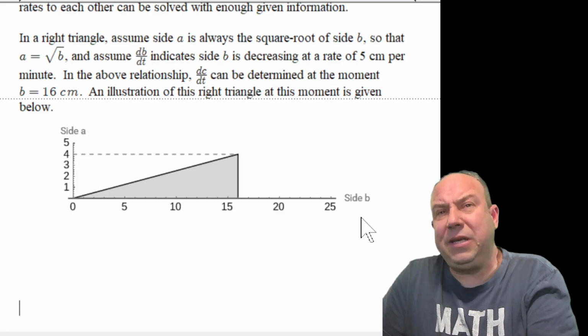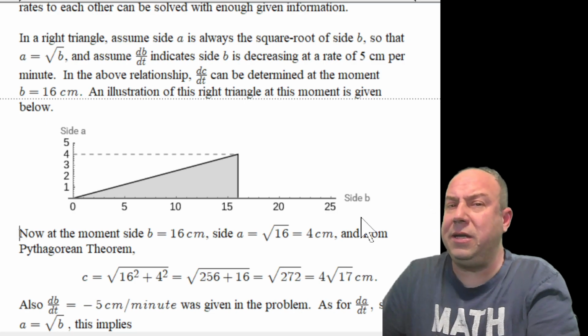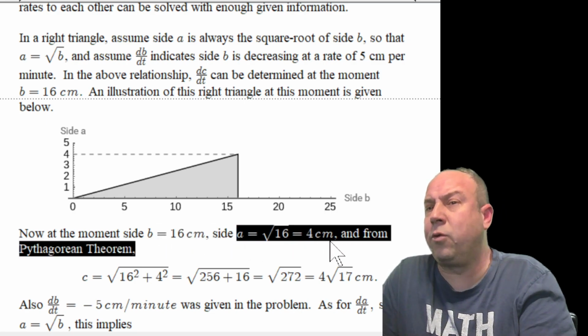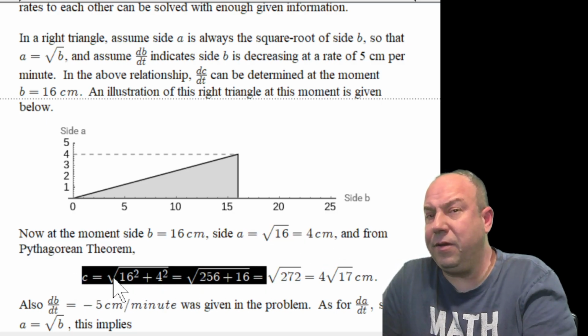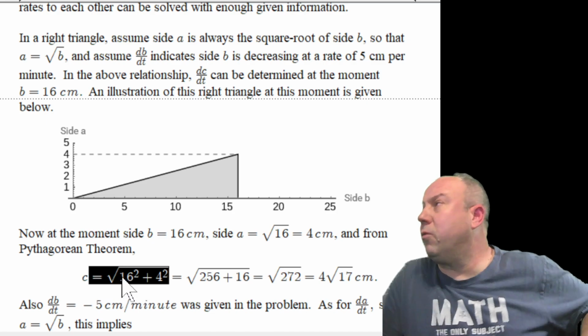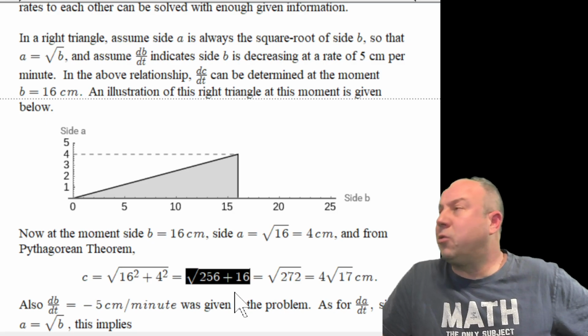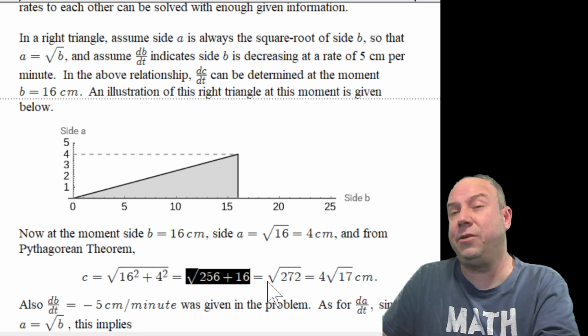Now, it does begin by noting, right? At the moment, side B is 16 centimeters. Side A is equivalent to 4 centimeters. And side C itself would be equal to the square root of 16 squared plus 4 squared. It would be the square root of 256 plus 16, or the square root of 272.